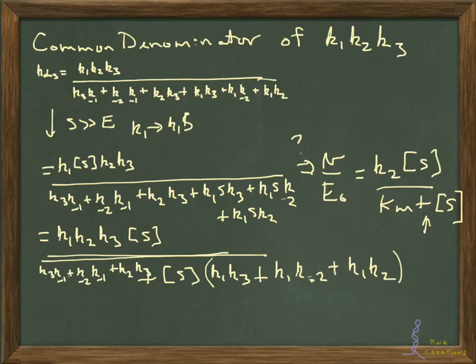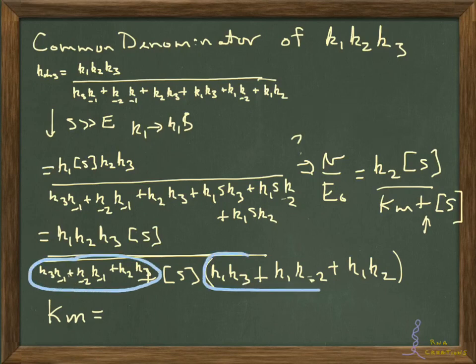And so when you do this, just to see what Km is, Km is equal to this piece here divided by that piece, because you'll need to divide top and bottom in order to isolate S, and that's how you can get Km out.